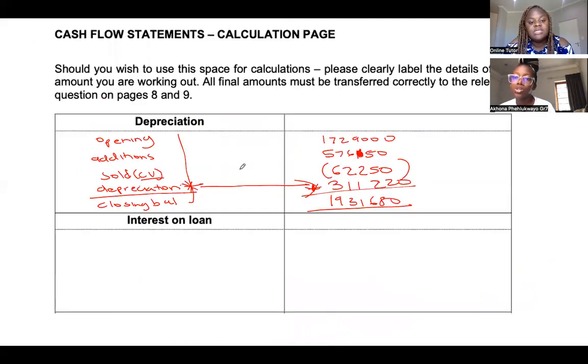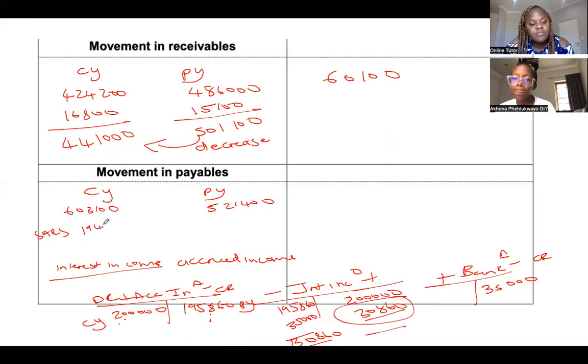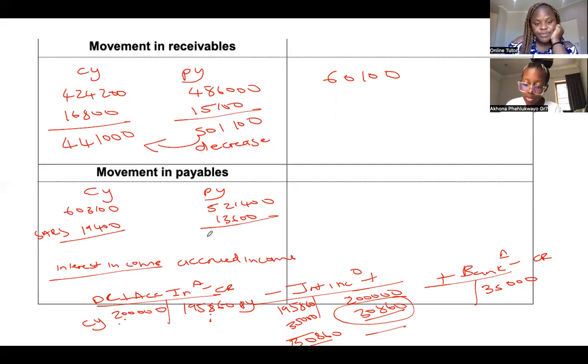Okay, so 19,400 and 13,600. Can you give us our figures? 521,400 plus 13,600 is 535,000 for prior year. Okay, I'm with you. Current year? 603,100 plus 19,400 is 622,500. Movement?